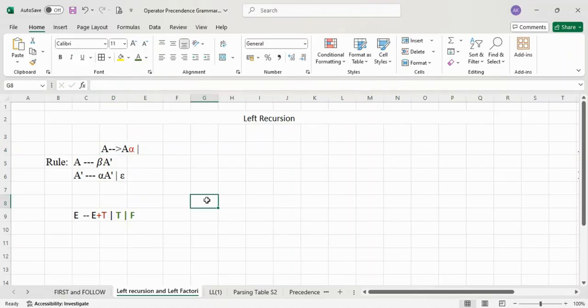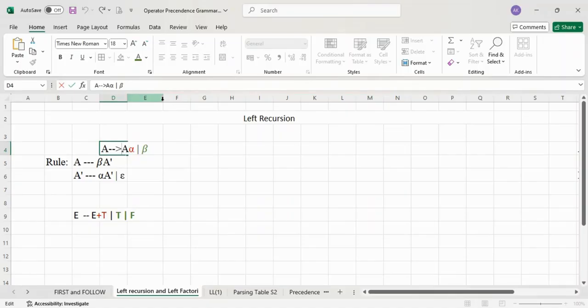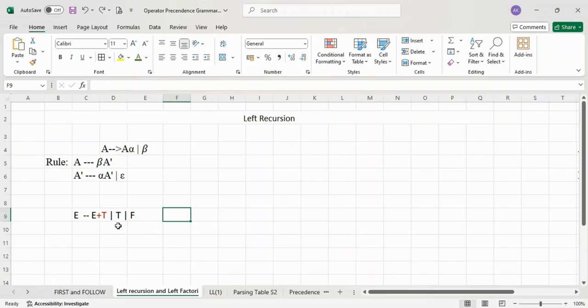So now if you observe, give me a minute, why it is not coming. Okay, I don't know why it was not coming.